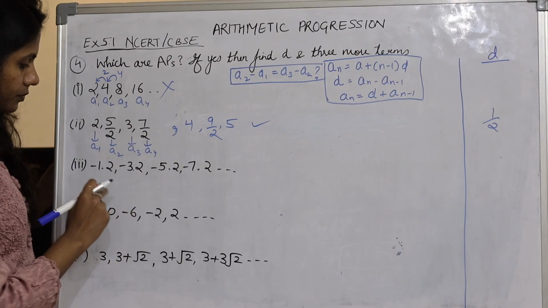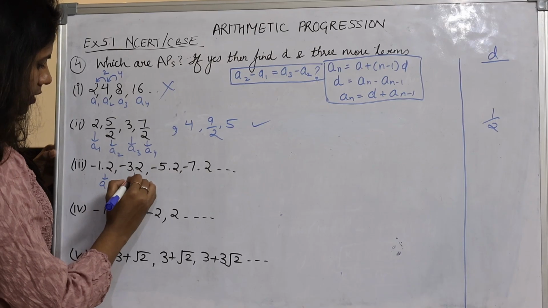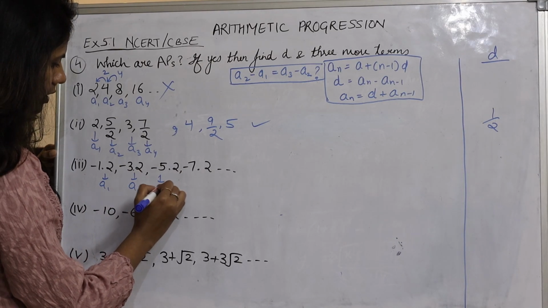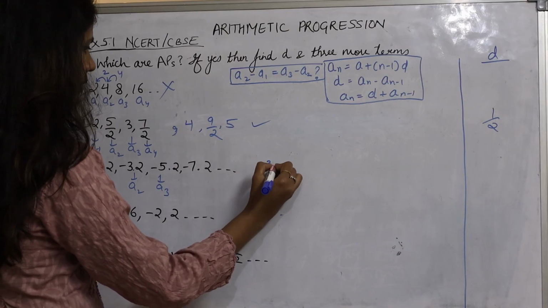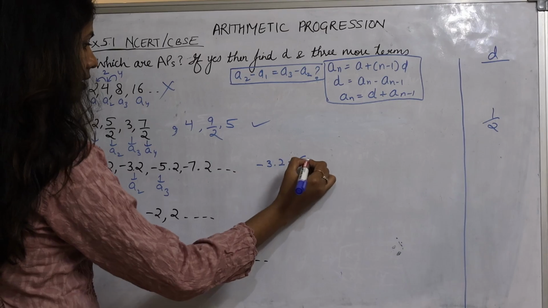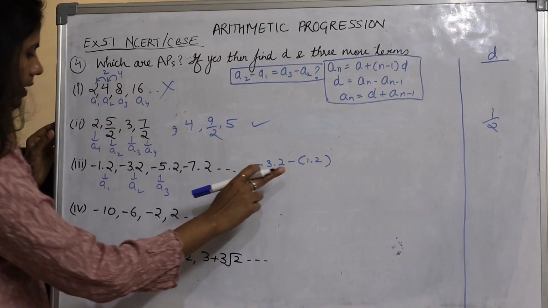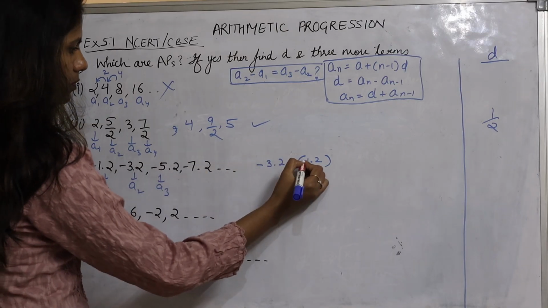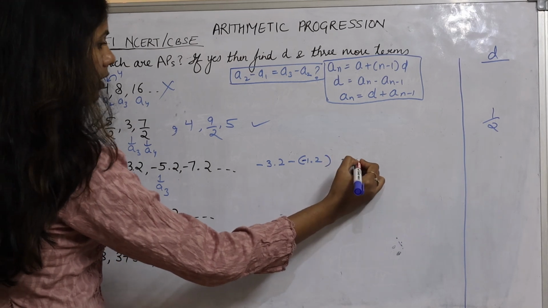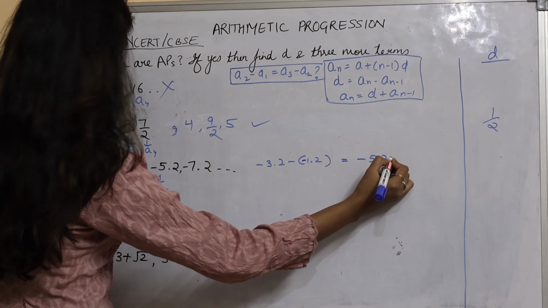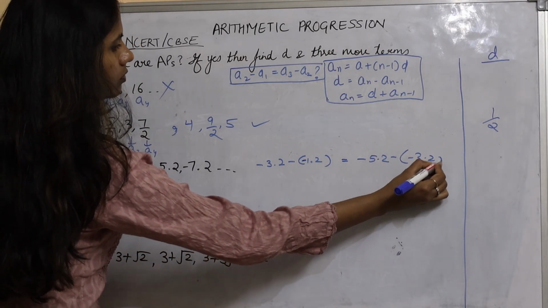Now for this one, this is A1, A2, A3. Let's find out. Minus 3.2 minus, see, be careful with the symbols, minus 3.2 minus 1.2 is equal to minus 5.2 minus 3.2.